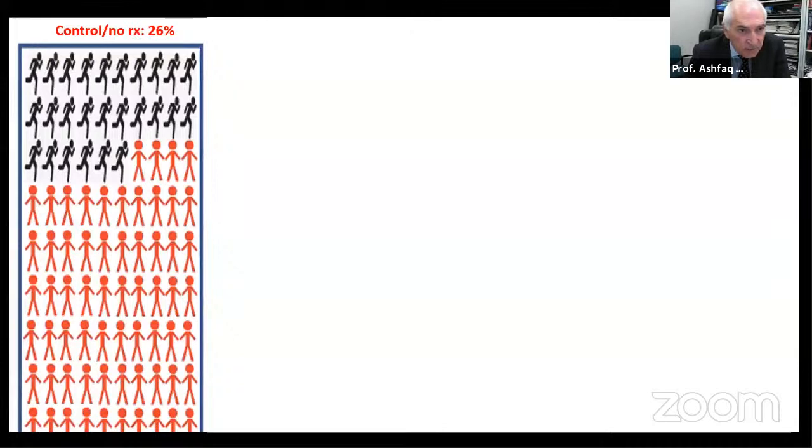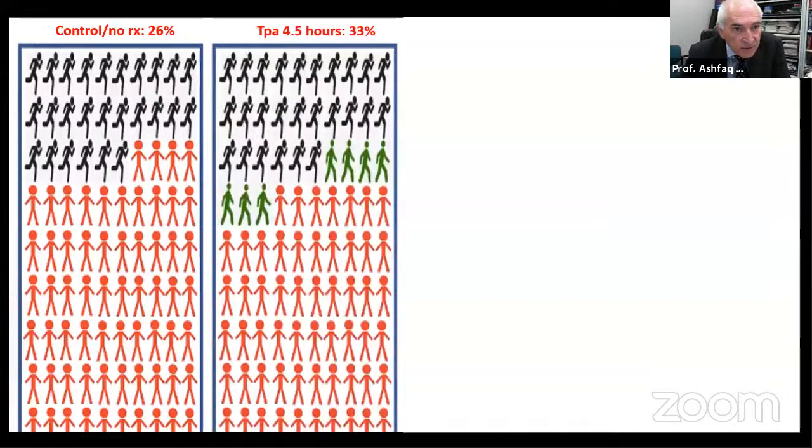So this number is really important. Remember that. The natural history of an acute stroke is that 26% of them recover without any treatment. If you treat them within 4.5 hours, which is the standard of care, this number from 26 will increase to 33. So you've got 7 more people who made a full recovery, right?